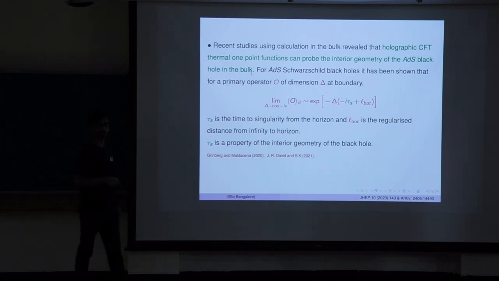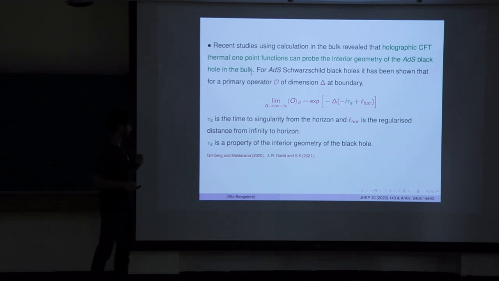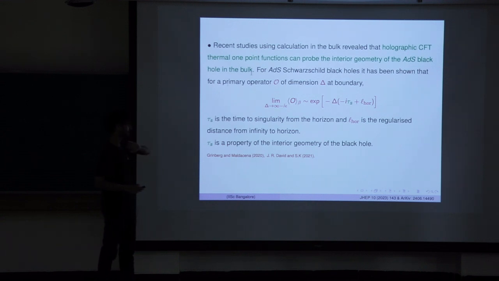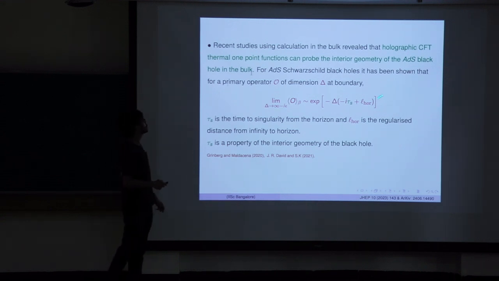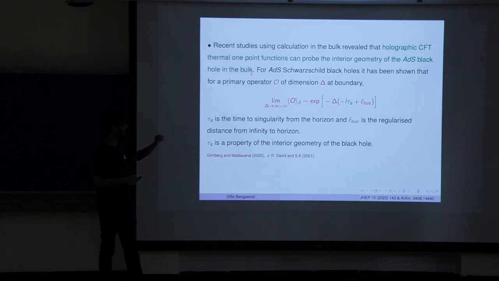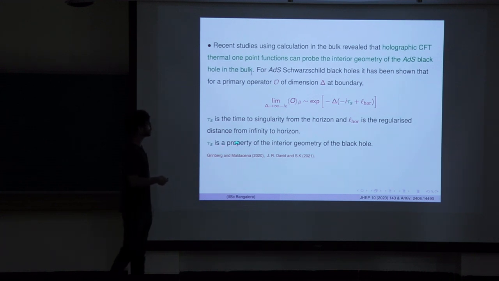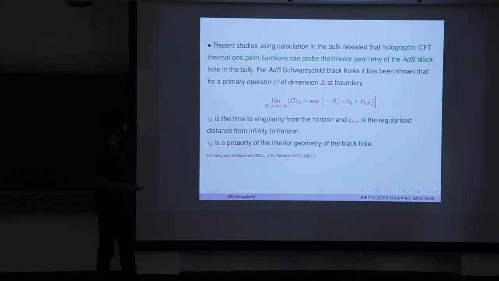People can understand that because it is calculated based on the geometric properties of the interior of the black hole. But this primary operator is an object at the boundary of the AdS black hole, yet it can see this time to singularity, which is a property of the interior geometry of the black hole.